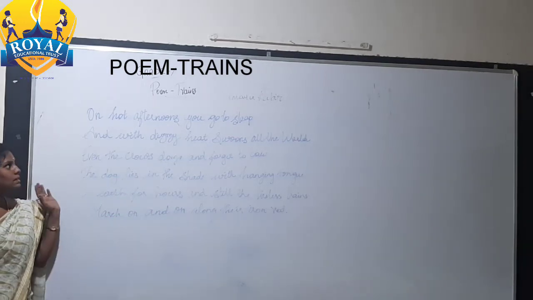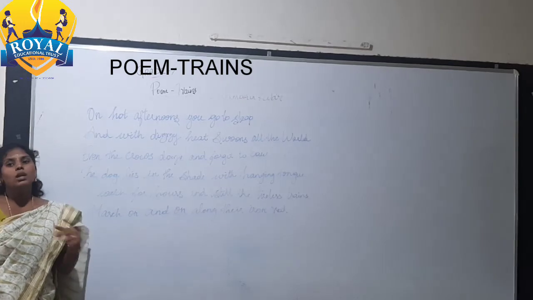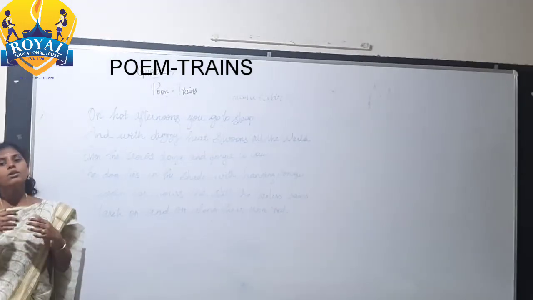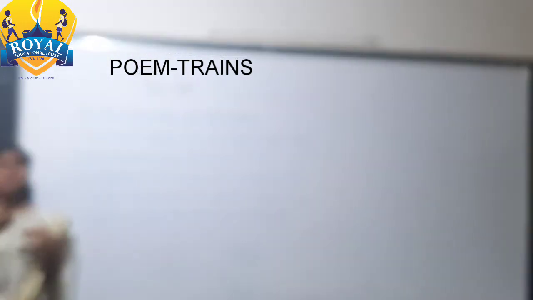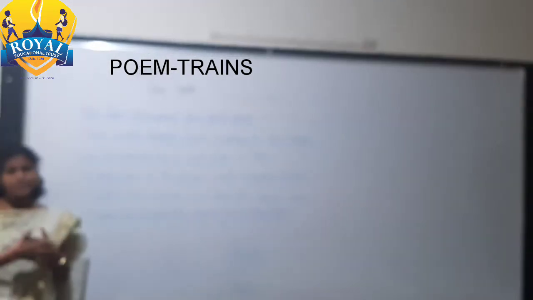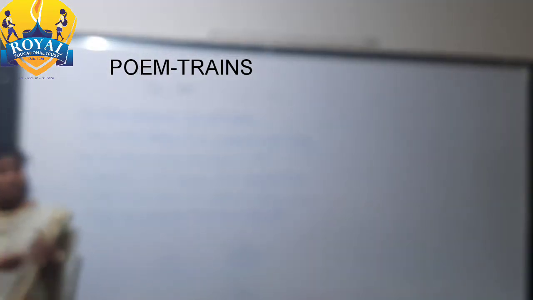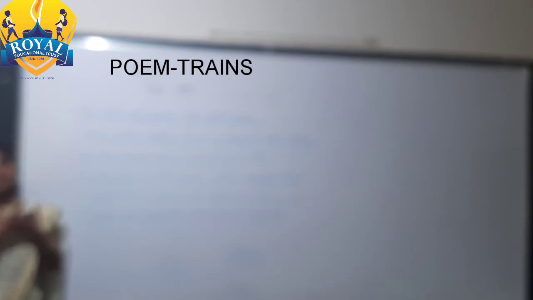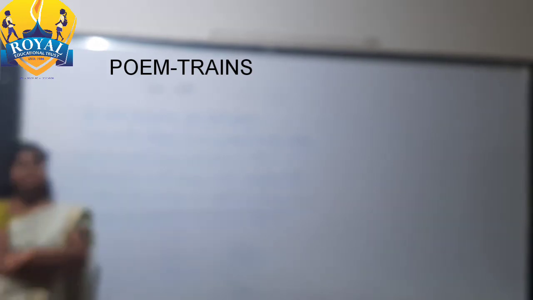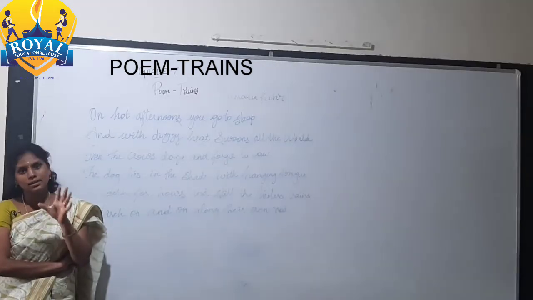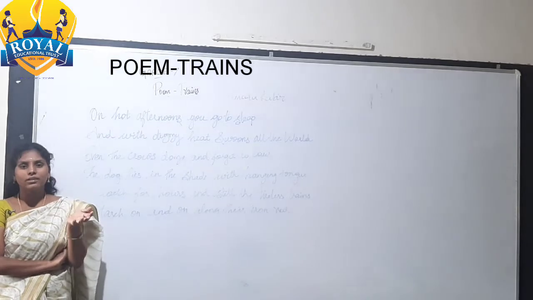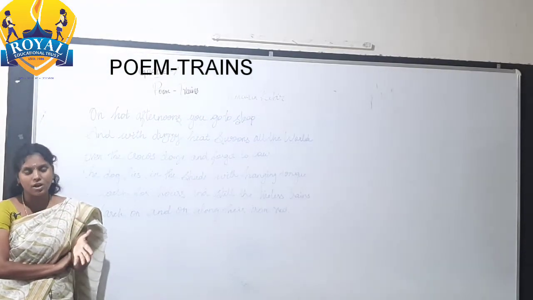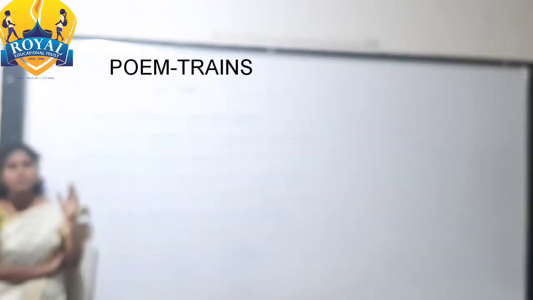So what this stanza means is, in the hot time we will feel very tired. We need some rest. So the child thinks that in the hot season we all feel tired, we need some rest, and in the same way the train also needs some rest.